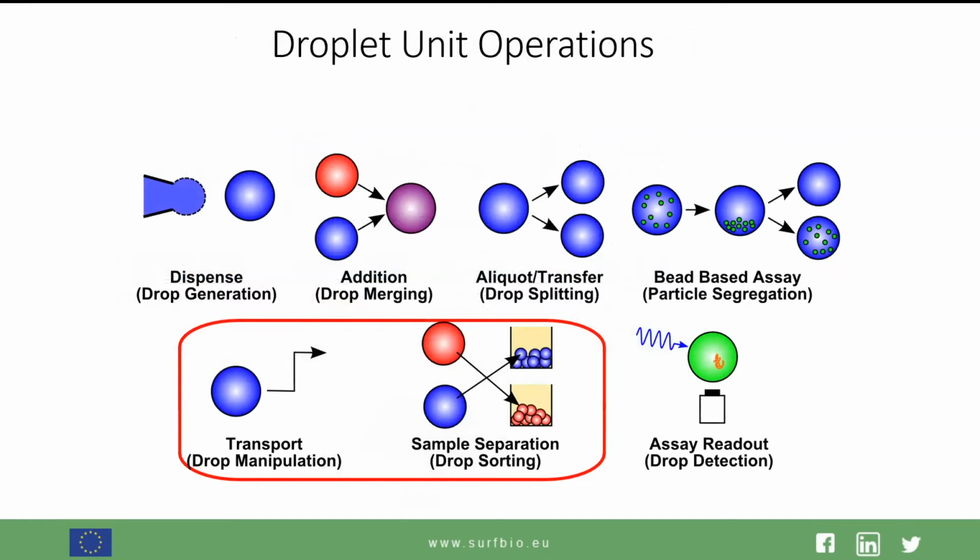Also, more importantly, what should we do with the droplets which we generate by microfluidics? We can do transport manipulation, I mean take our drop with tweezers and move it somewhere, if our chip allows it.